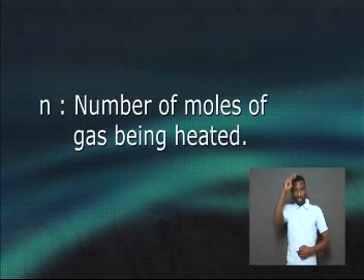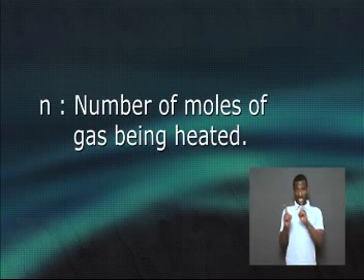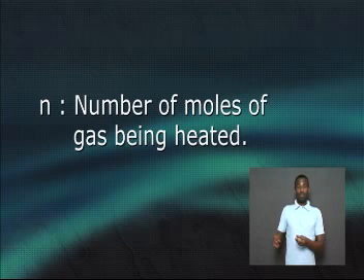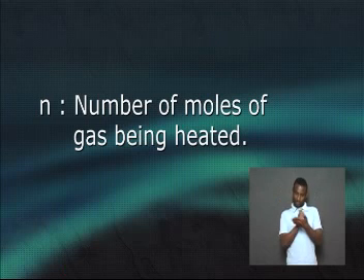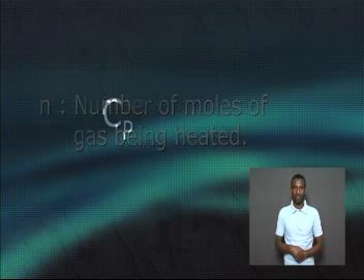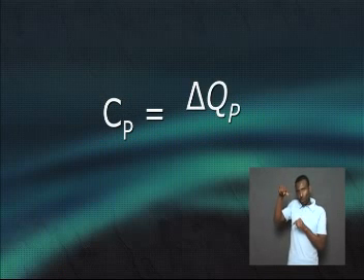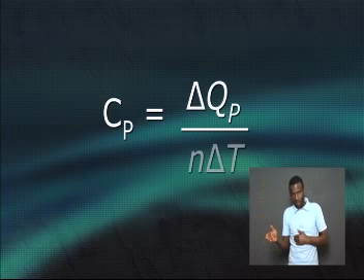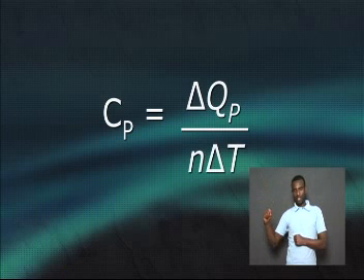If n is the number of moles of gas being heated, and the heat applied results in a rise in temperature, then we can write the equation as follows. Molar heat capacity at constant pressure is equal to heat transferred at constant pressure over the number of moles times the change in temperature.